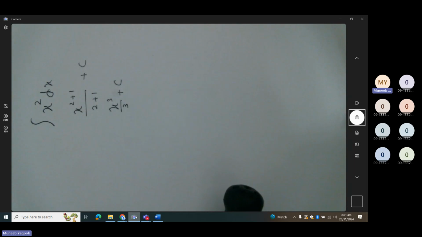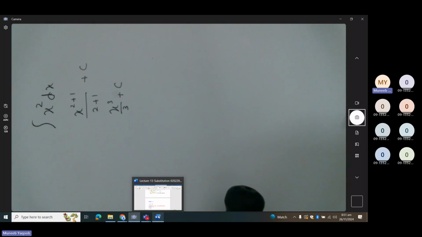It's a very simple procedure. If you are to integrate any power of x, it is that power plus 1 whole divided by that power plus 1 plus constant of integration. We already did these easy integrals earlier, but to make you understand this again and to revise some basic integrals, we are doing some examples.